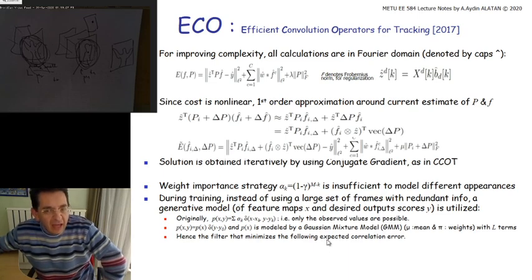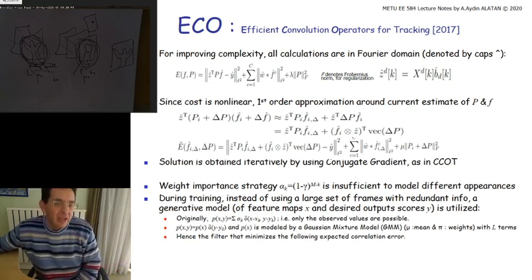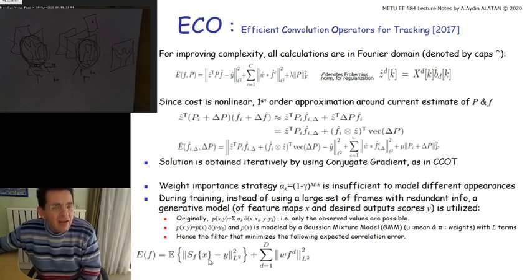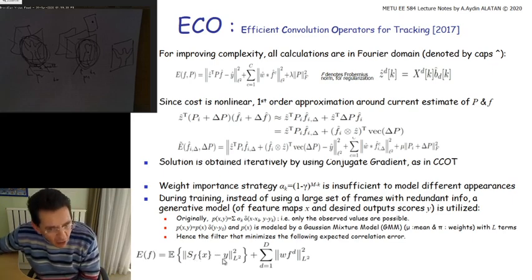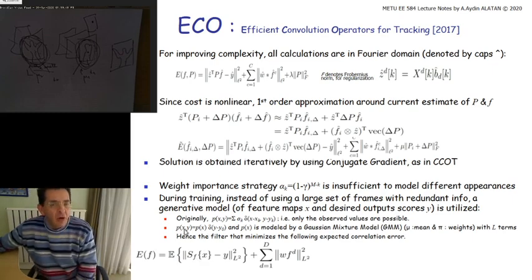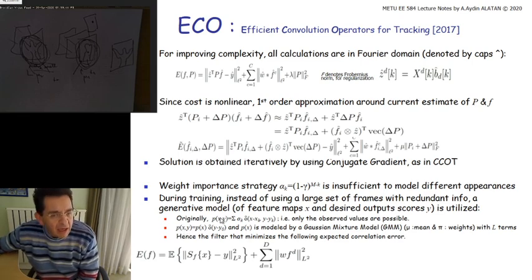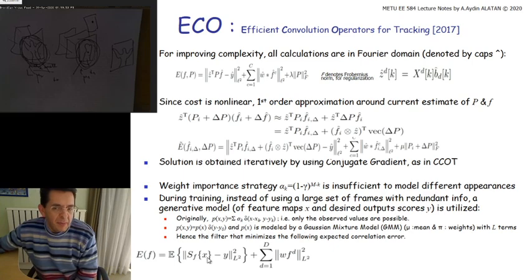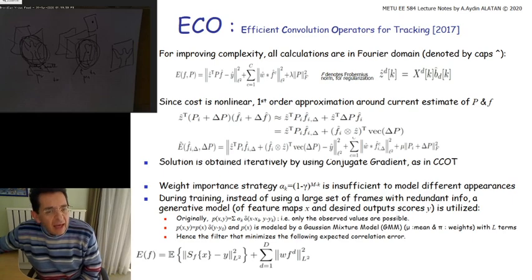Which error? Now we call it the expected correlation error. What is this expected correlation error? The same concept, but every term here is multiplied with the corresponding p of x, y. I was doing the same thing until now, in fact, using such an impulsive joint PDF. But here, this time, with a Gaussian PDF, if you have a sample which is coming from something near the mean, you will have a high weight for this one.